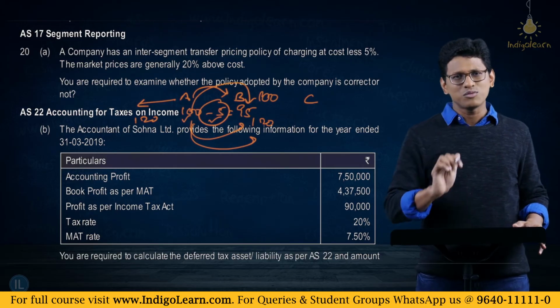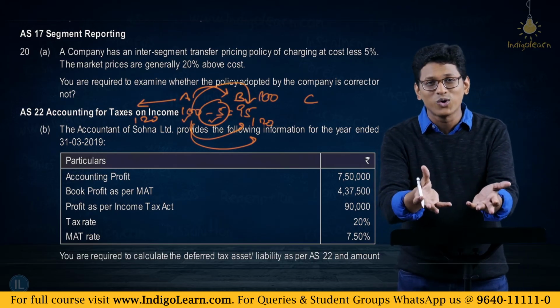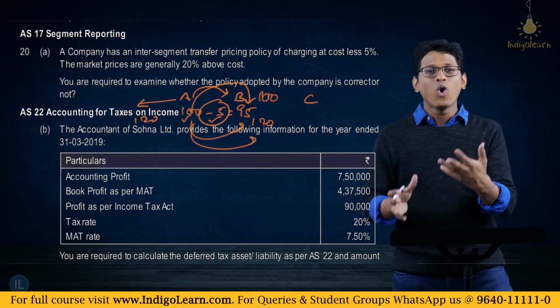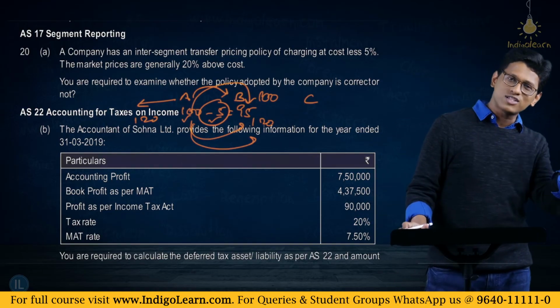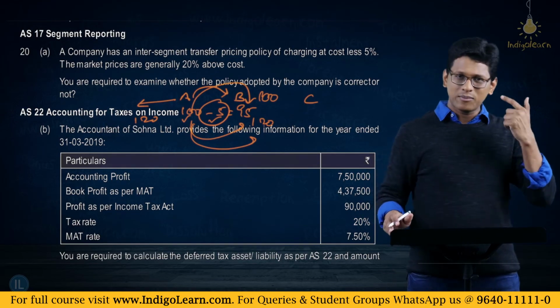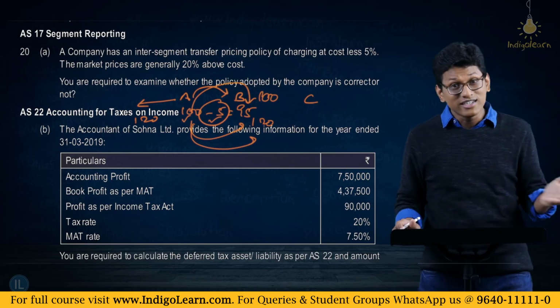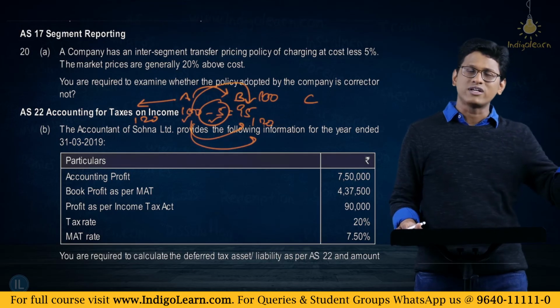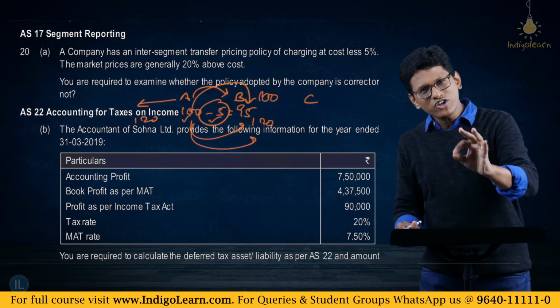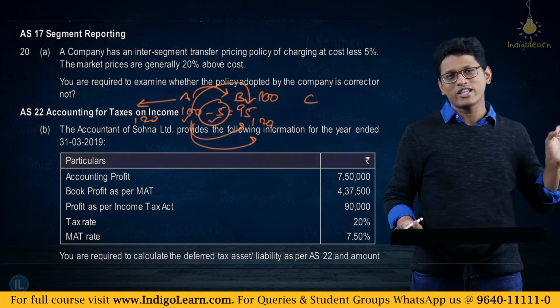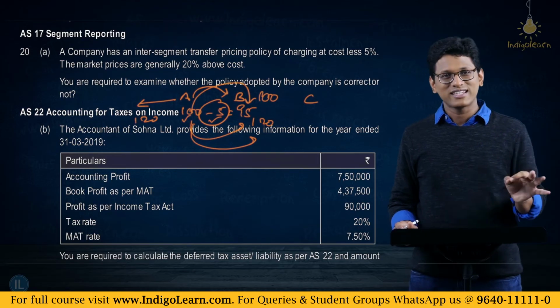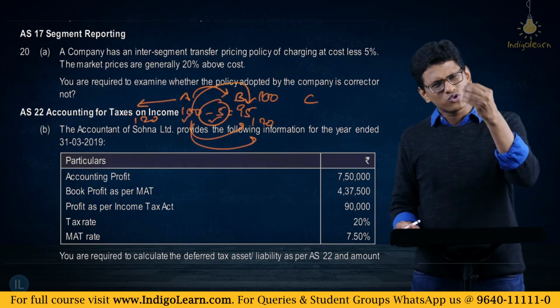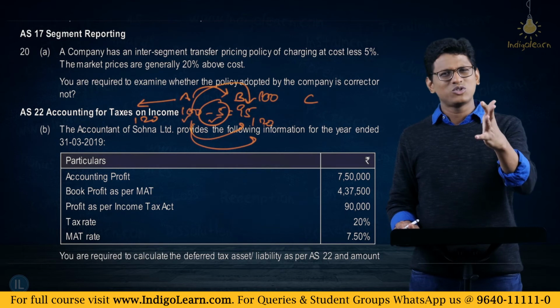However, accounting standard simply says disclose. What is the transfer pricing policy you applied? Just disclose. Oh, I'm transferring at 5% discount, disclose. I'm transferring at 20% premium, that is higher profit, disclose. Whatever you are doing, disclose is all that accounting standard says. In fact, segment reporting itself is only disclosures. It has nothing to do with accounting.